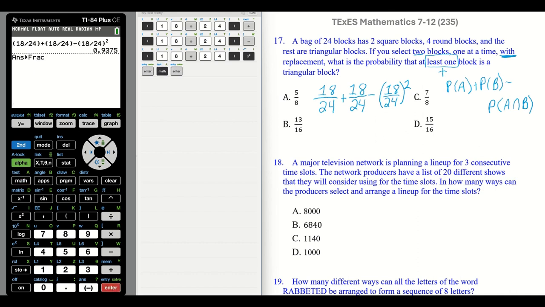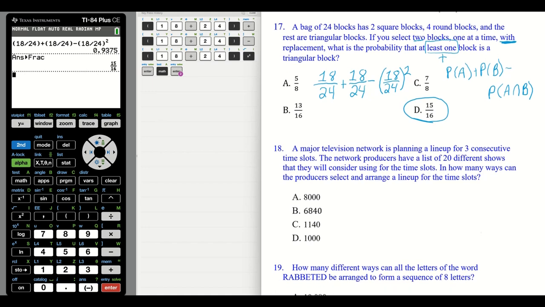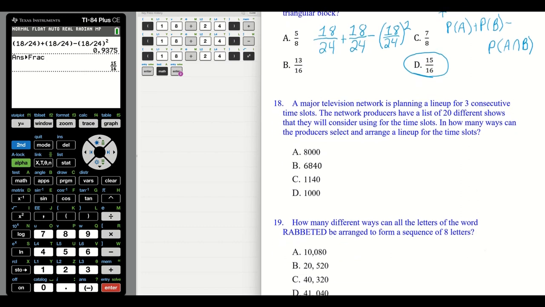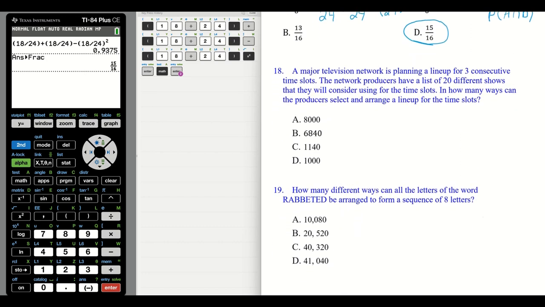So math, enter 15 over 16, and that would be D. Okay, the next problem, number 18. A major television network is planning a lineup of 3 consecutive time slots.